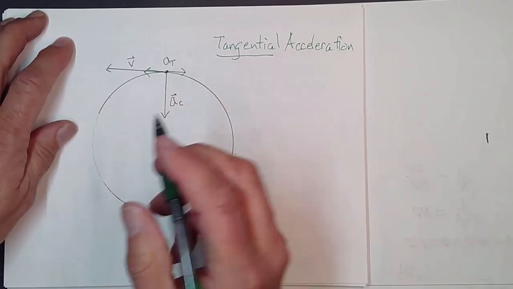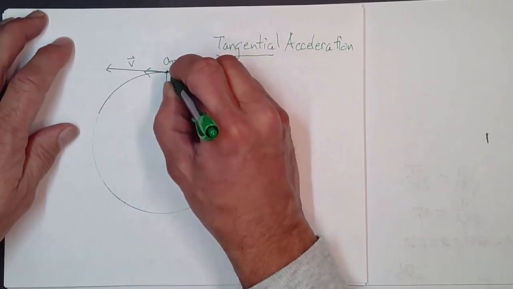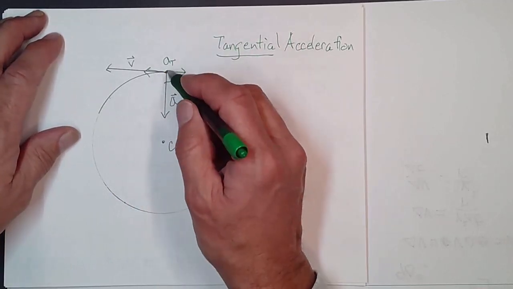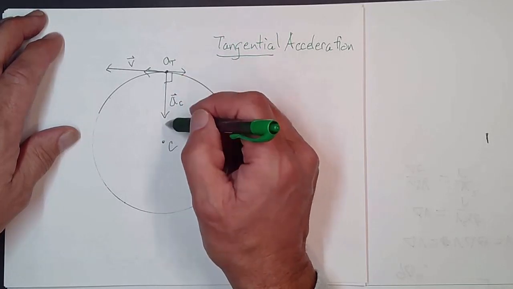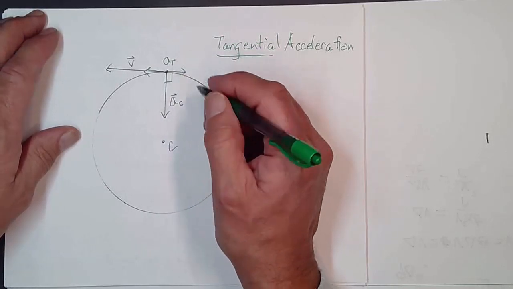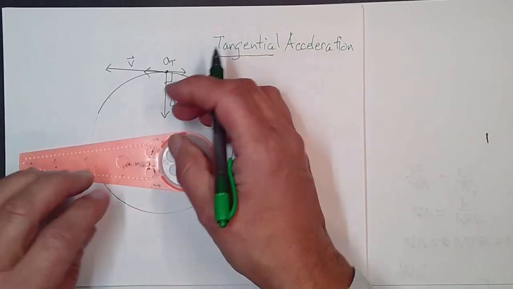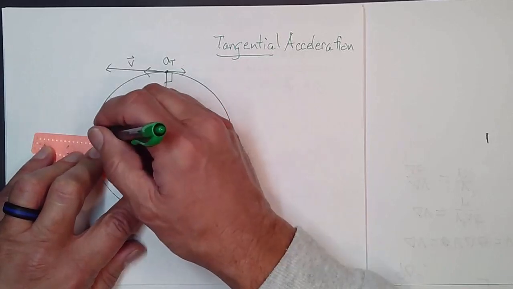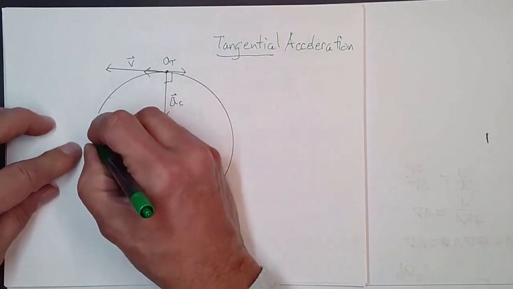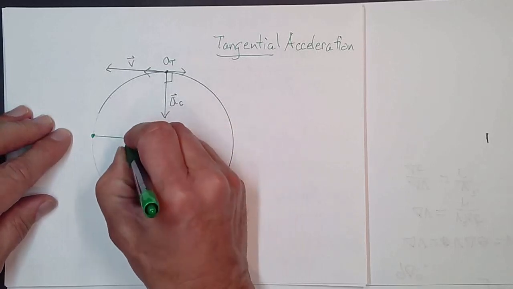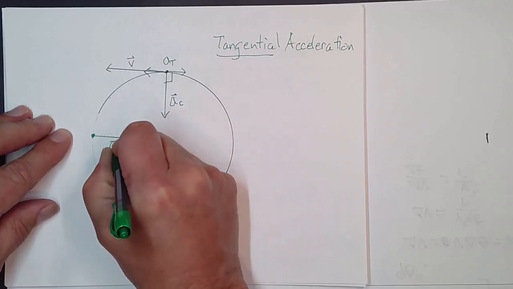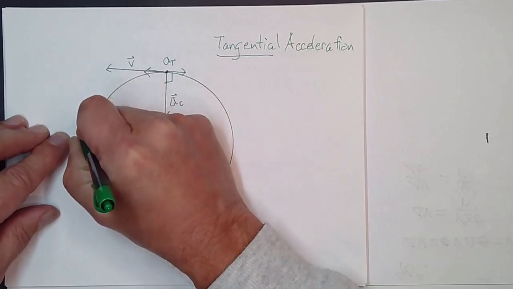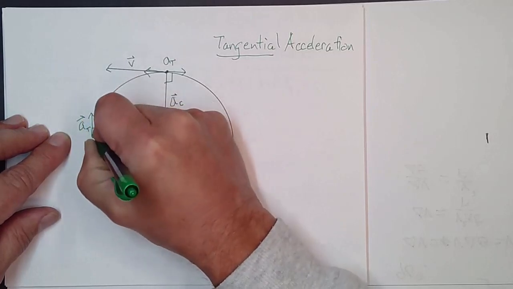Now, here's some things about that tangential acceleration. It's always perpendicular to the centripetal acceleration, so now we'll have two components to the acceleration that are always perpendicular, but they're continually changing in direction. If this is something that's slowing down and it keeps slowing down at a constant rate, when the object gets over here, it'll have a centripetal acceleration in this direction, and perpendicular to that, it'll have a tangential acceleration in this direction.